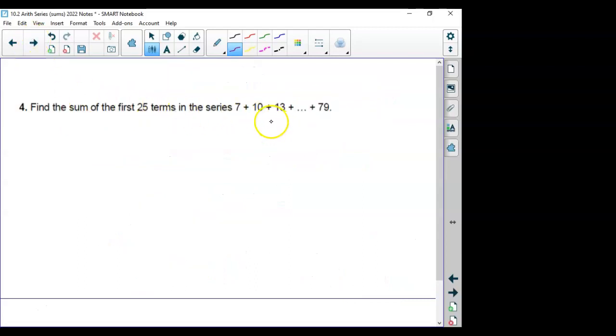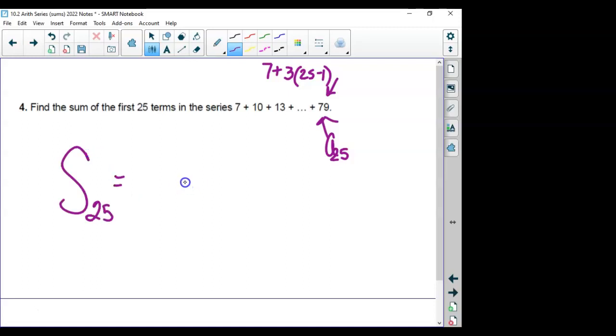Find the sum of the first 25 terms. I'm assuming this is term 25. 7 plus 3, 25 minus 1, 24, 72 plus, yes, this is term 25. So that should be an easy one. Can you do that one quick? The sum of 25 terms. What's n? 25.